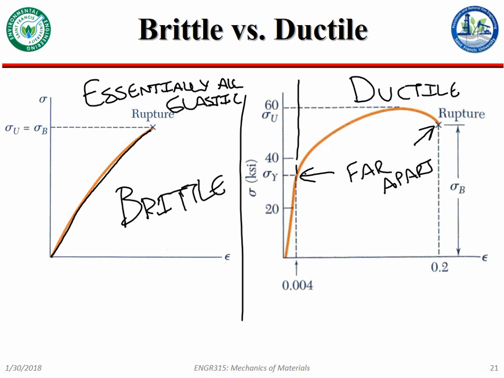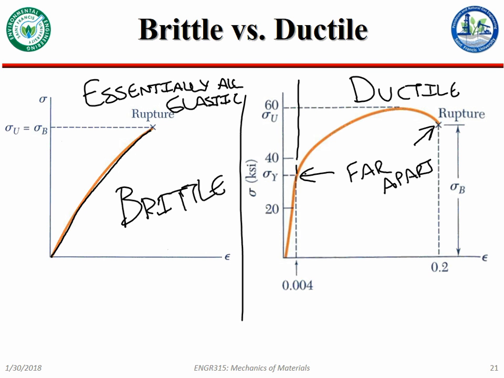Most steels are ductile materials. Most metals are, really. Does this kind of intuitively make sense? Okay, cool. And the difference in where their ultimate strength is with respect to their yield point is kind of the difference between these two kinds of materials.